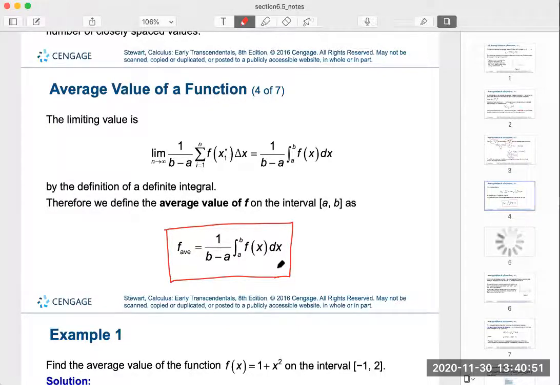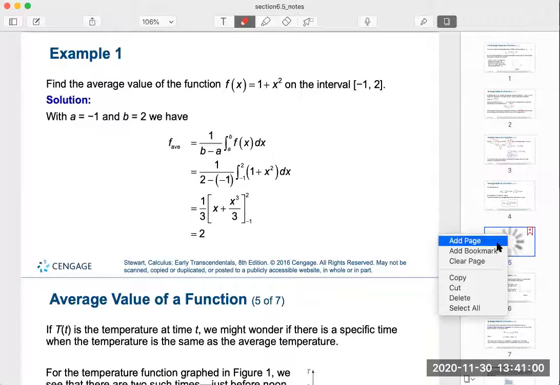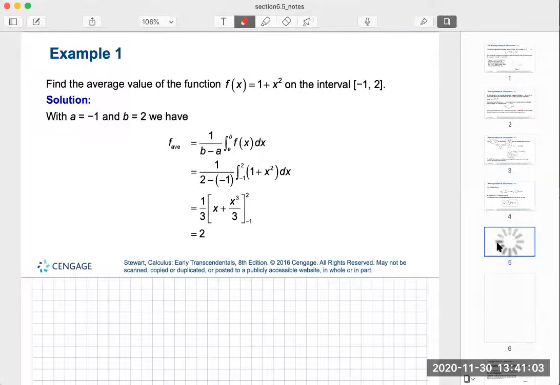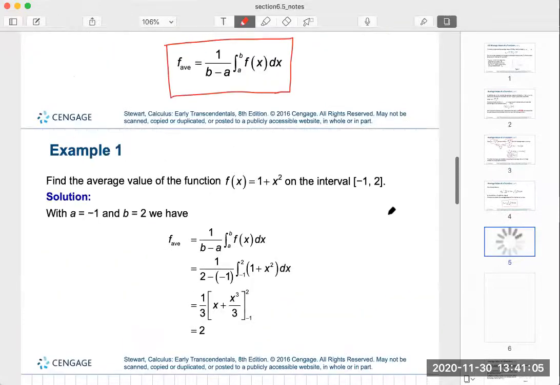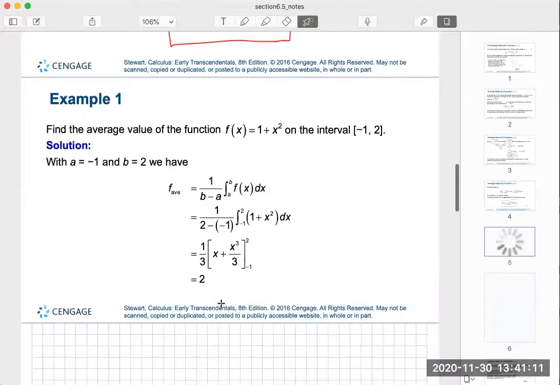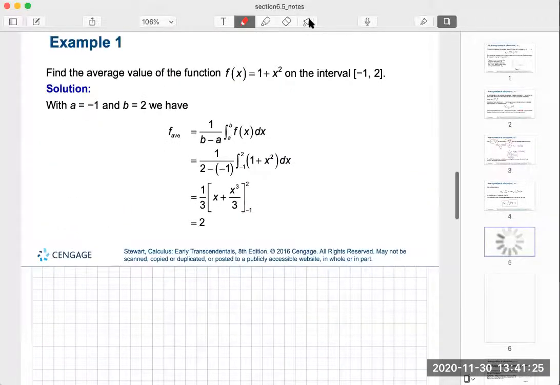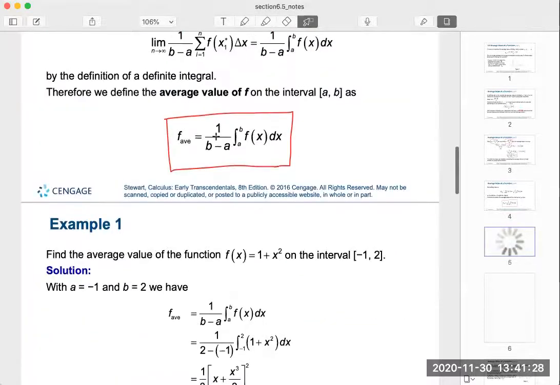Now let us compute an example, okay? Let us consider example 1 here, where the function f of x is defined as 1 plus x squared on the interval from -1 to 2. So according to the formula above, let us write it slowly.